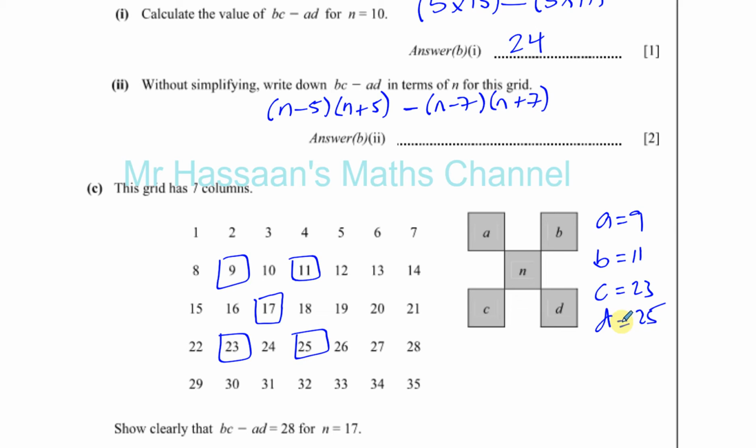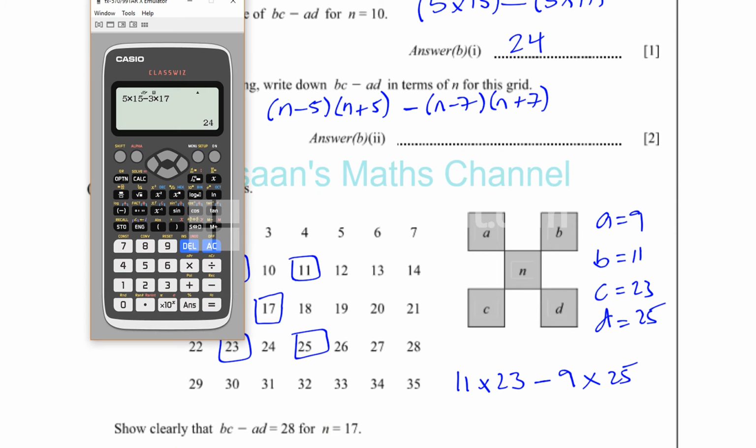Okay, so we have here 11 times 23 minus 9 times 25, which gives us 28. Okay, and so we've shown that here clearly. That's the end of those questions here.